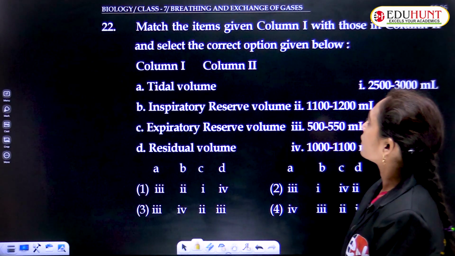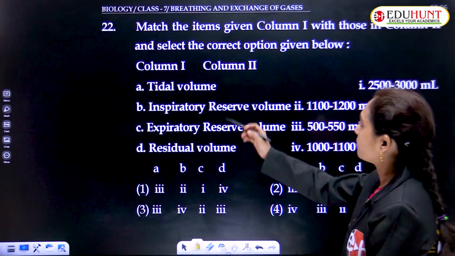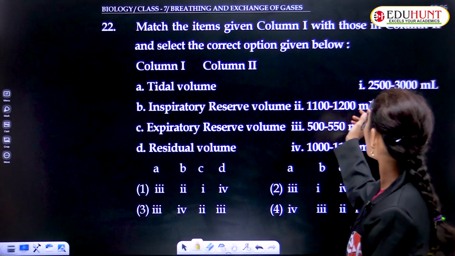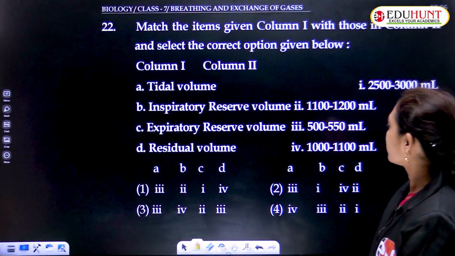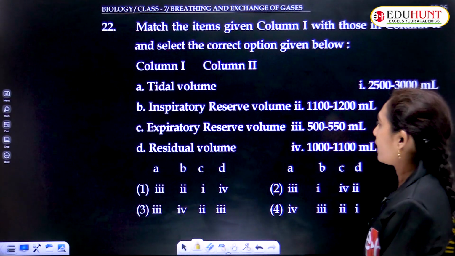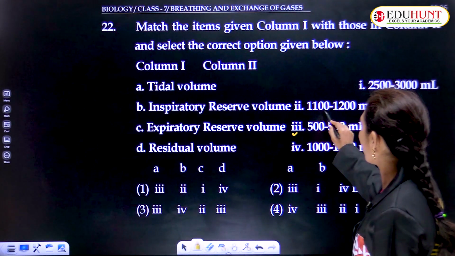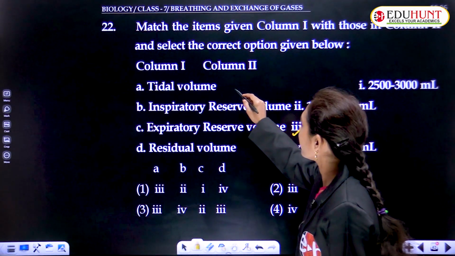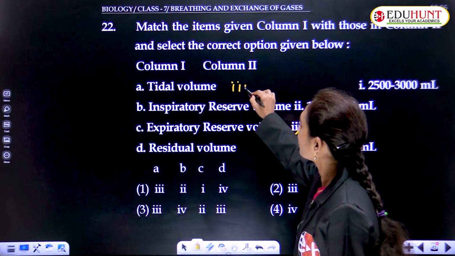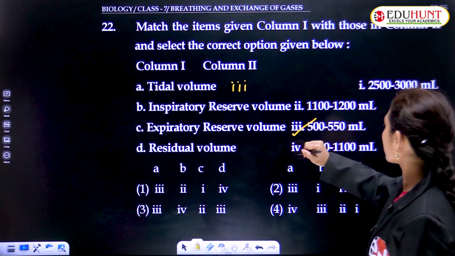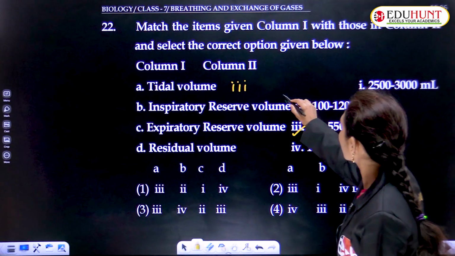Match the following question. Column 1 has the volumes, column 2 has their values. Tidal volume is 500 to 550 ml, so 3. Inspiratory reserve volume is 1.